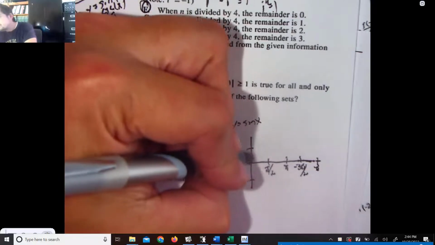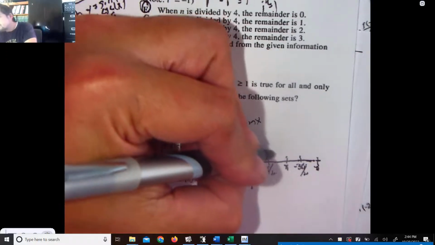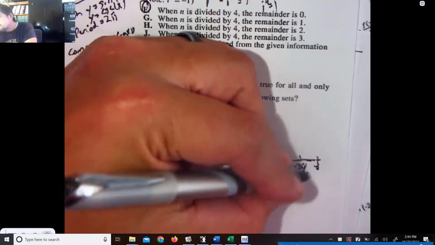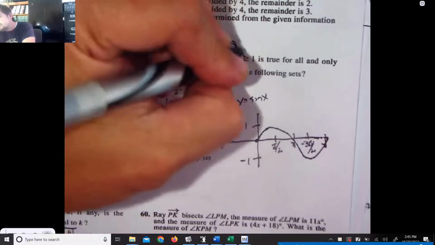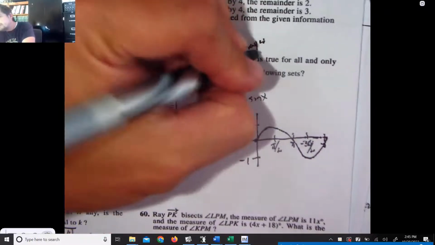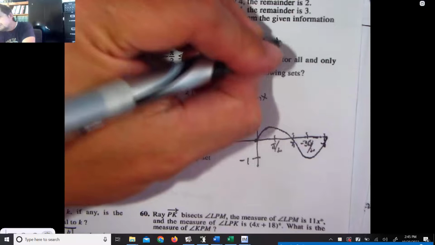y equals sine of x looks like this. Now, if you take the absolute value, this makes everything positive.